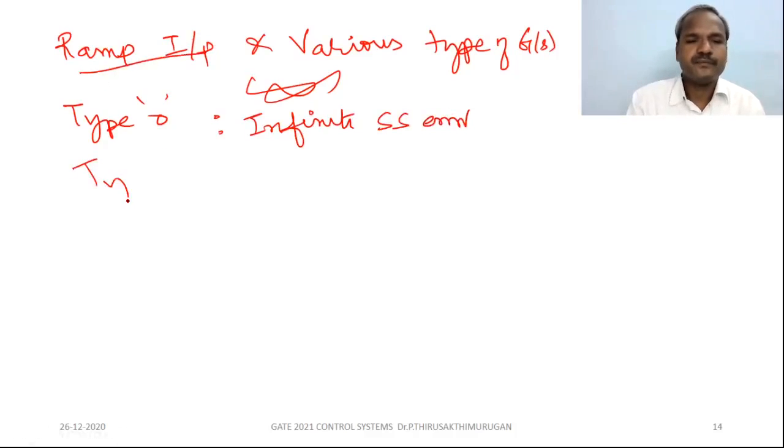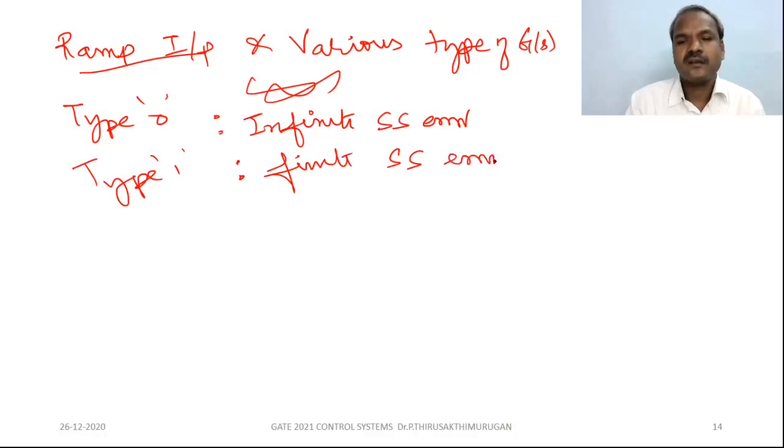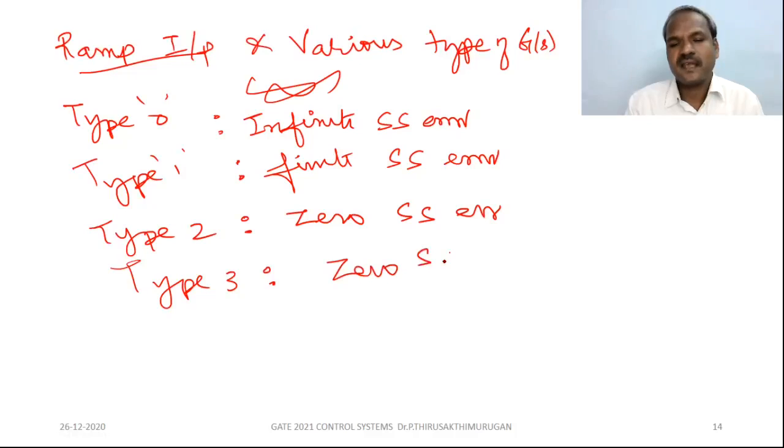Type 1 system has finite steady state error for ramp input. Similarly, type 2 system has zero steady state error. Then type 3 also gives zero steady state error for ramp input.